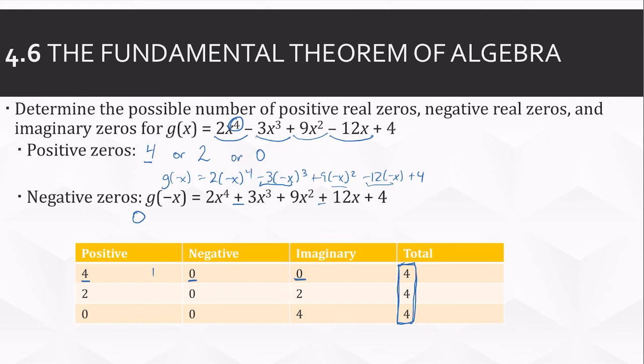If I add these together, I have to get the 4. If there are only 2 positive zeros and no negative zeros, I would have to have 2 imaginaries to equal the 4 total. If I happen to have no positive zeros and no negative zeros, that means I'd have to have 4 imaginary zeros in order to get my total of 4 zeros.